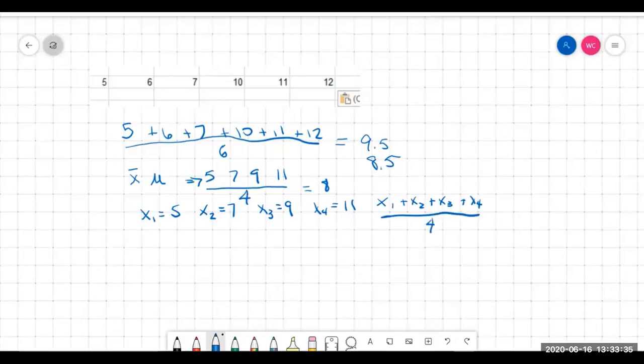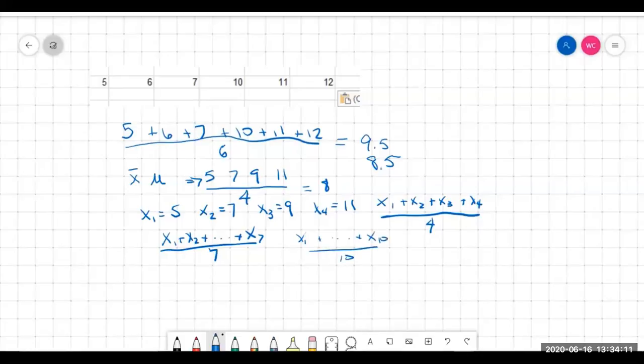And suppose we had 7 elements, then it would be x1 plus x2 plus, and we keep going up to x7, and then we would divide that by 7. That would be the mean. If we had 10 elements, it would be x1 plus, and we'd go all the way up to x10, and then we divide by 10.